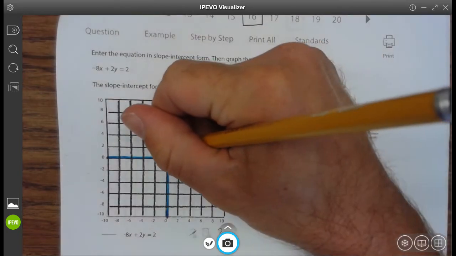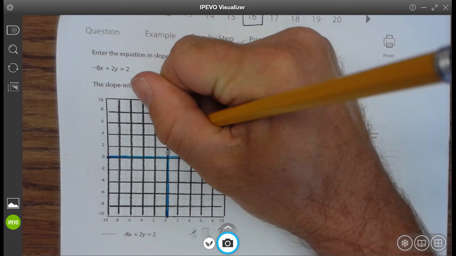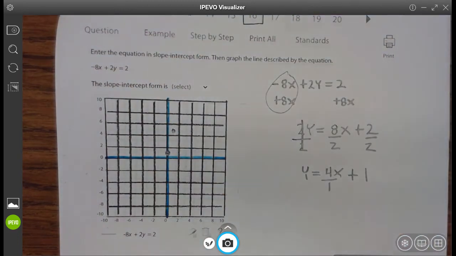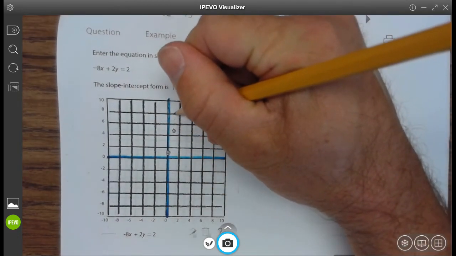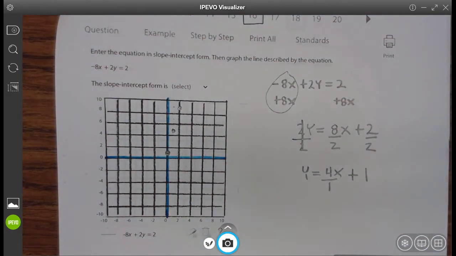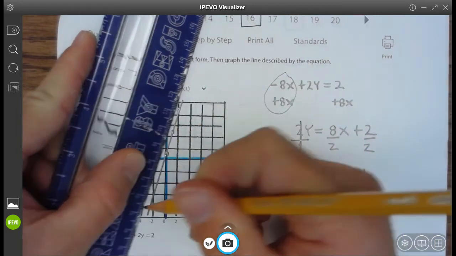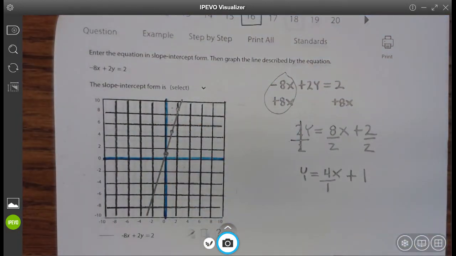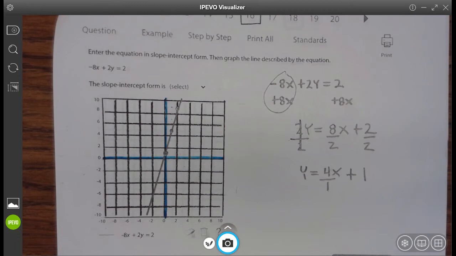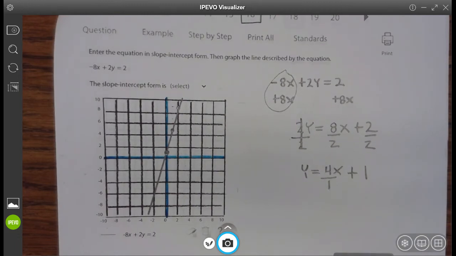So we go up 1, 2, 3, 4 to the right 1. Up 1, 2, 3, 4 to the right 1. And then there's our line. Go and finish up example 16.